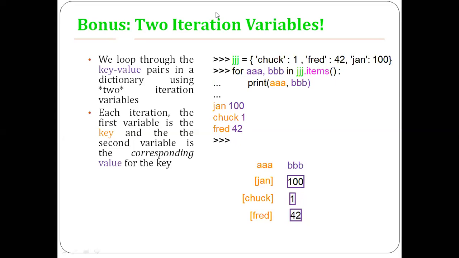This is one advantage of the two iteration variables. One iteration variable contains the lookup tag, and the second iteration variable contains the values.